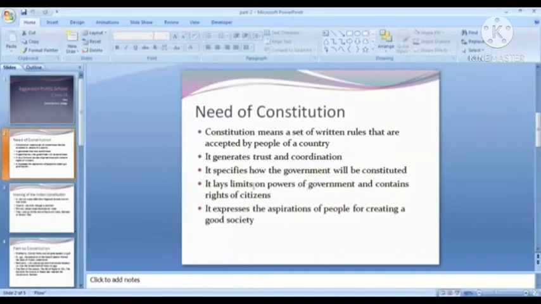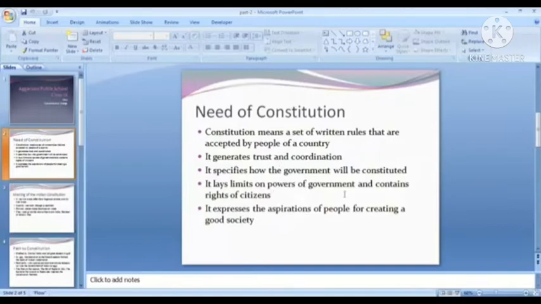There are limitations on the powers of the government. The government has to work according to the constitutional provision. Whatever is written in the constitution, the government has to work according to that.